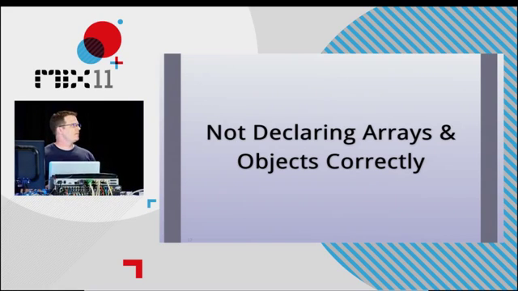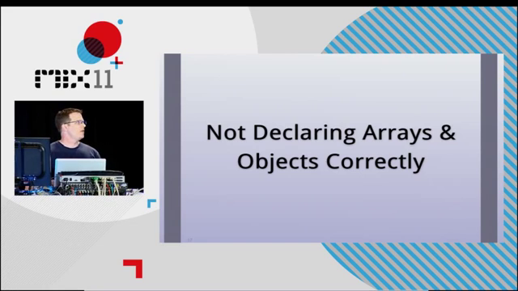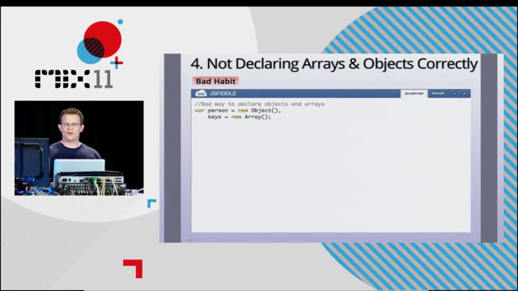Another thing, again, JavaScript looks so much like C# that you'll see developers declaring their arrays and their objects like this, like new object, new array, and those work. There's actually a little overhead by doing that, but the language itself has some literal versions of those. So a better way is to declare a person like this, with an open curly and end curly, and that's considered an object literal.